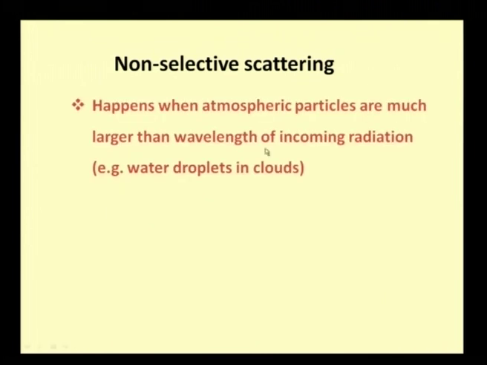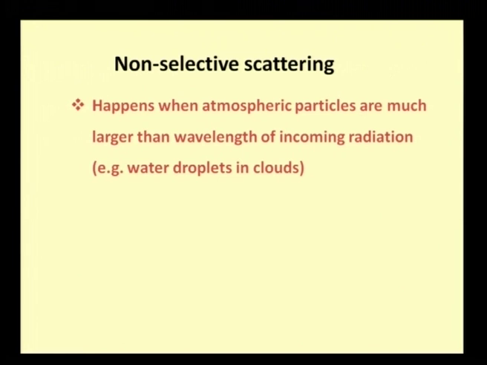And there is another kind of scattering, that is called non-selective scattering, and it happens when the atmospheric particles are much larger than the wavelength of incoming radiation. That means the particles are so big in comparison with the wavelength.